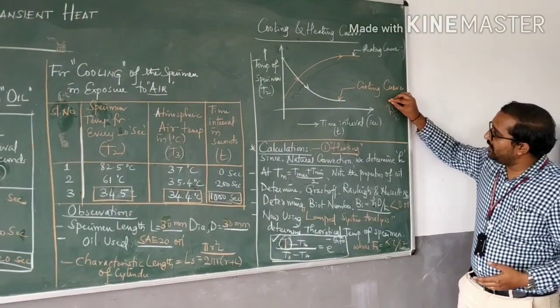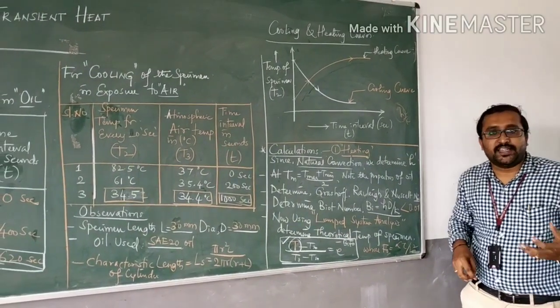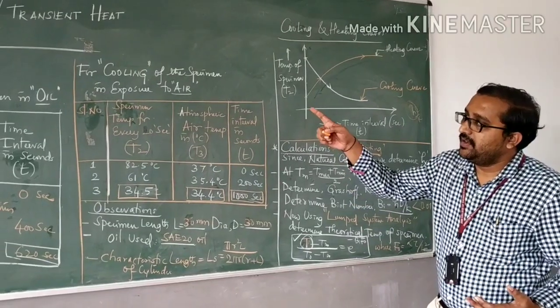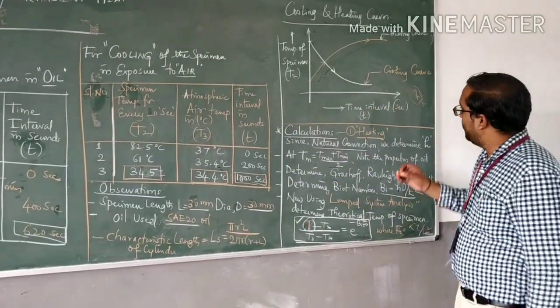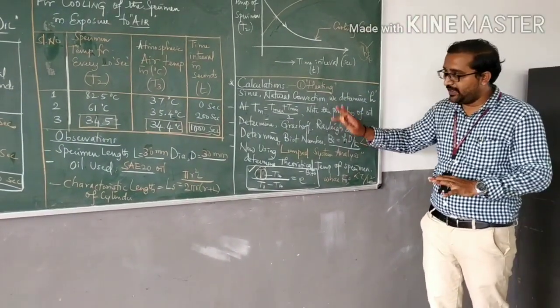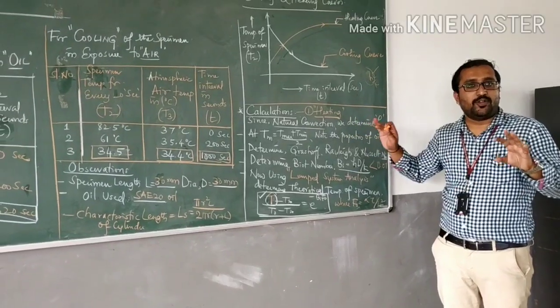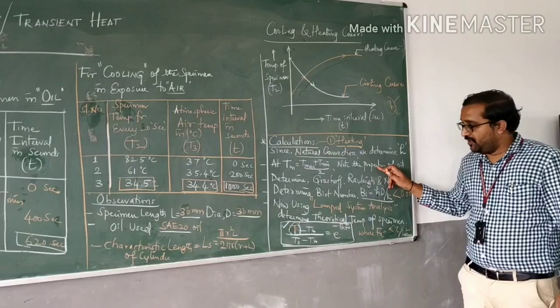Using that definition, we will finally calculate the heat transfer coefficient between the specimen and the hot oil. We get that by using this series of calculations. I have not written the formulas here because I hope you already know them, and anyhow they are available in the manual which is provided.